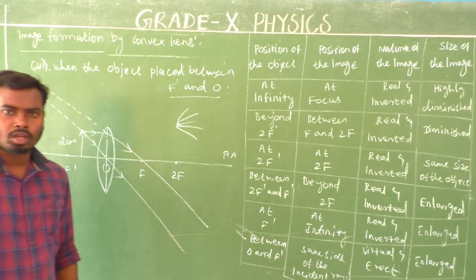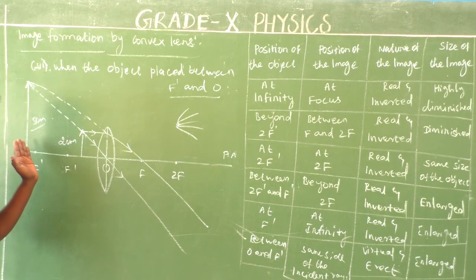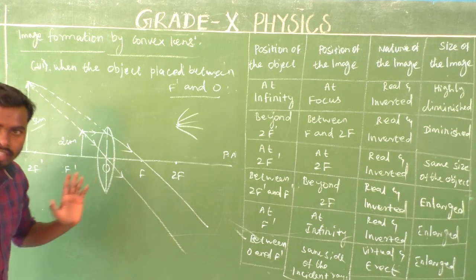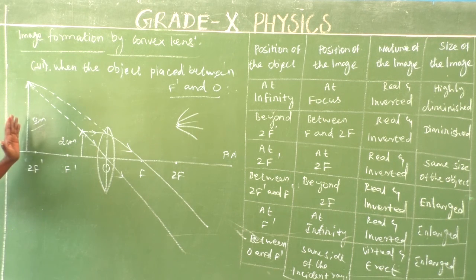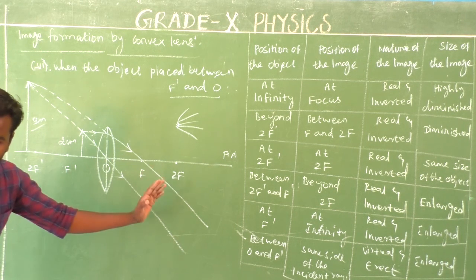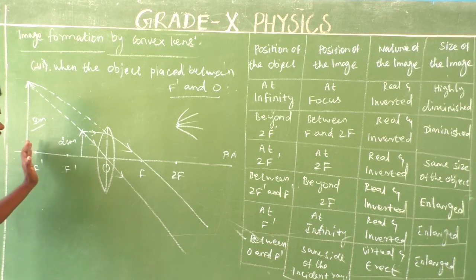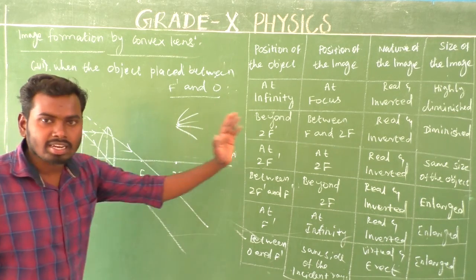What is that? Look at the very important one. If the object distance decreases... What is the object distance? The distance between the optical center O and the object position is considered the object distance. Is it clear? Yes. So if the object distance decreases, the image distance increases.